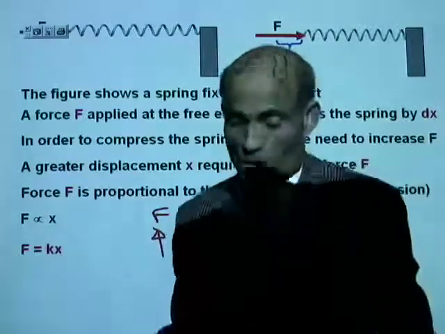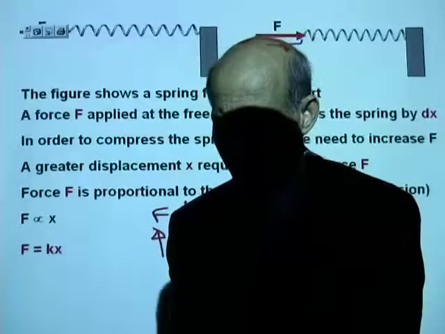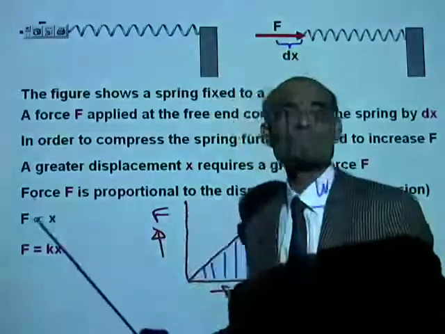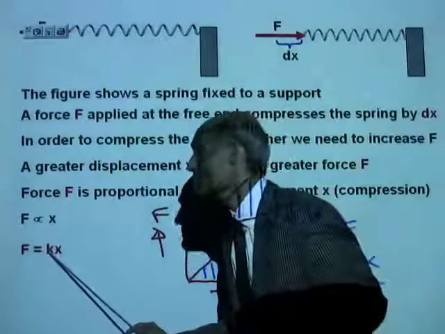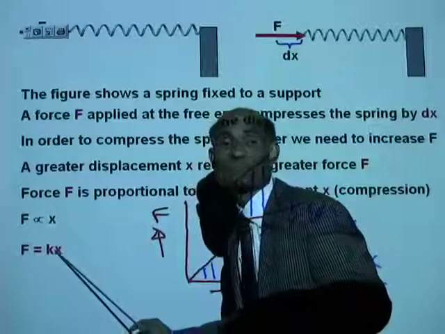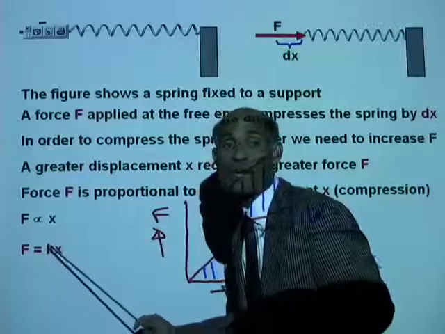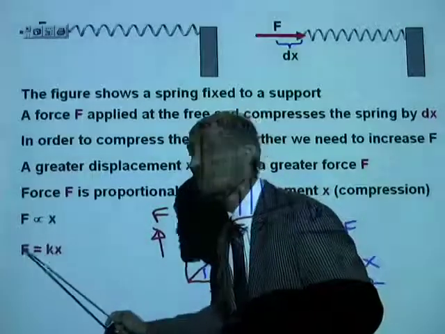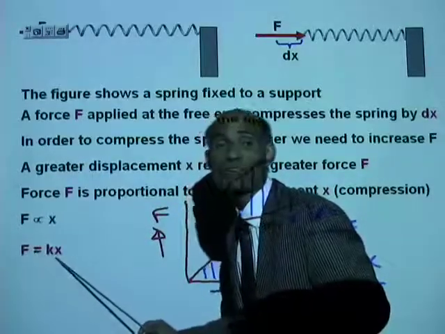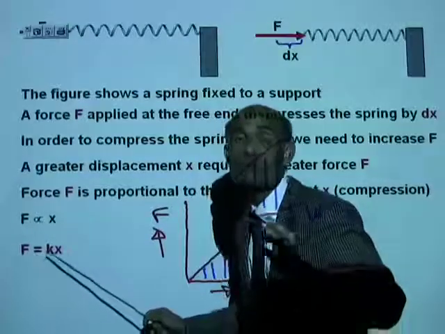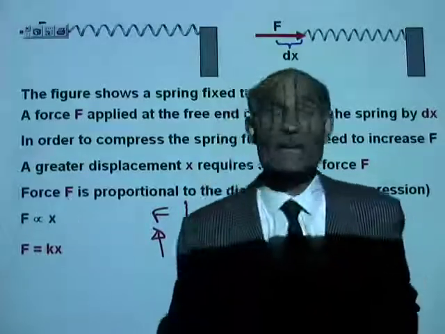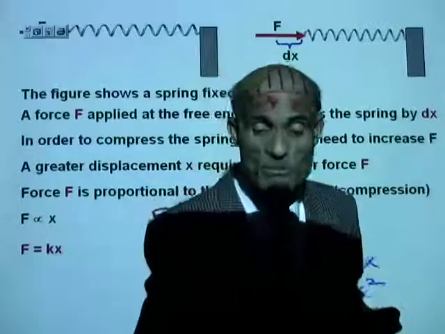Okay, tell me, what is the unit for measuring the spring constant? K. If you solve for K, you can see K equal to F over x. That would be Newton per meter. K is Newton per meter.